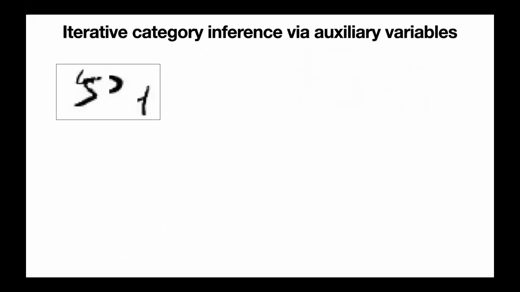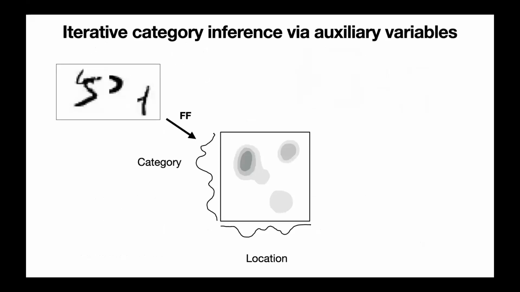So one way to deal with this task is if you take the image as input and process it through a feed-forward pass of a network, what you obtain is evidence for different visual categories, which can be in different locations.